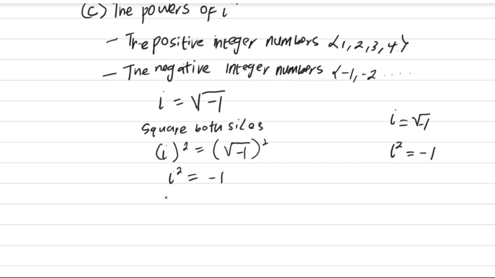Now let's say i raised to power 3. Now, you know that from laws of indices, a^b times a^c is going to give us a^(b+c).